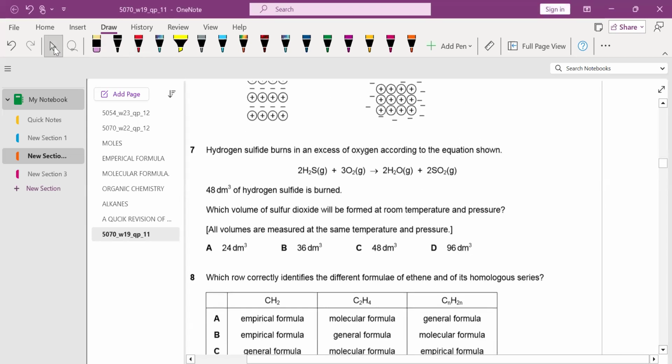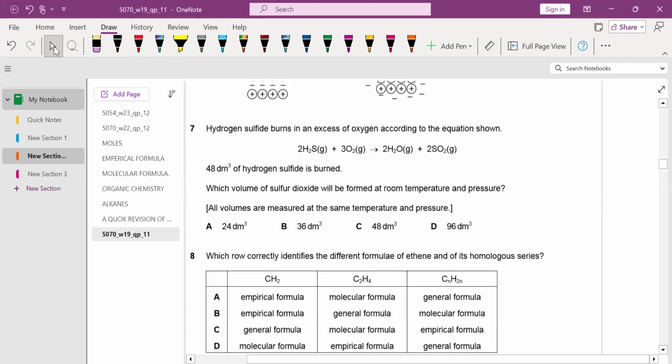Then question number 7. Hydrogen sulfide burns in excess oxygen according to the equation shown. This is the equation given here. 48 dm cubed of hydrogen sulfide is burned. Which volume of sulfur dioxide will be formed at RTP? All the volumes are measured at the same temperature and pressure.